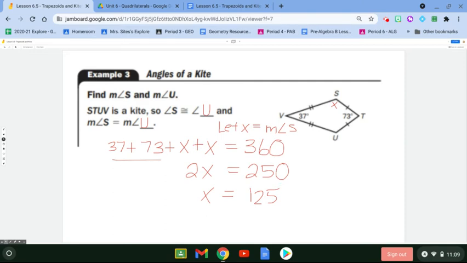So I know right now the measurement of angle S equals 125 degrees, and so does the measurement of angle U. And if I added up 125, 125, 37, and 73, that would have to give me a total of 360 degrees.